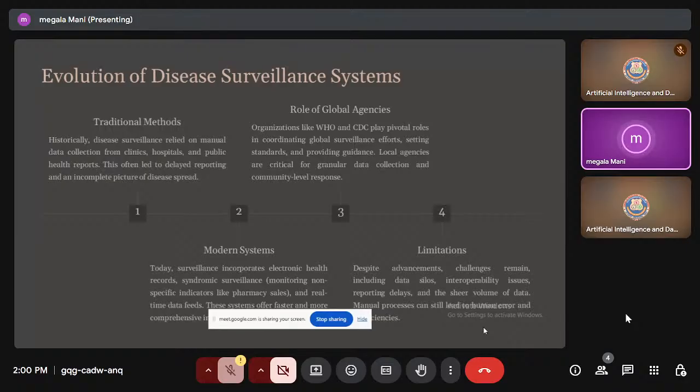And the third is the role of global agencies. Here the World Health Organization and the Center for Disease Control play a vital role in controlling diseases, avoiding them and predicting them. These agencies give the guidance.